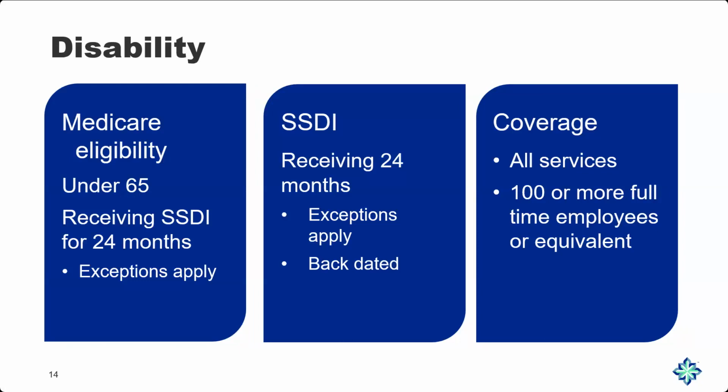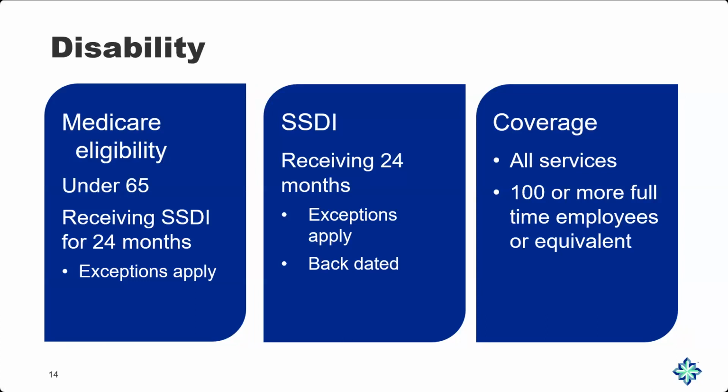Then you have to use another type of letter and let us know and do a bunch of other steps, but we're not going to get into that today. I just want you to know that the 24 months can actually pass without any of those claims being submitted to Medicare, because at that point they did not show as Medicare eligible. So there are some time frames that go with that.